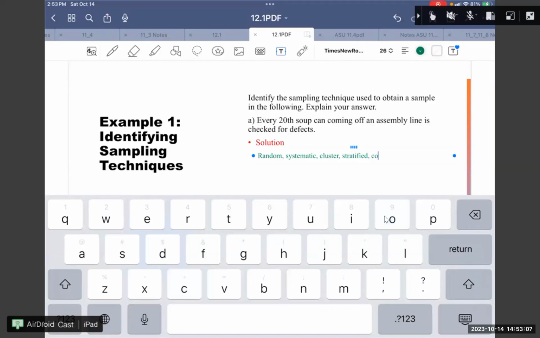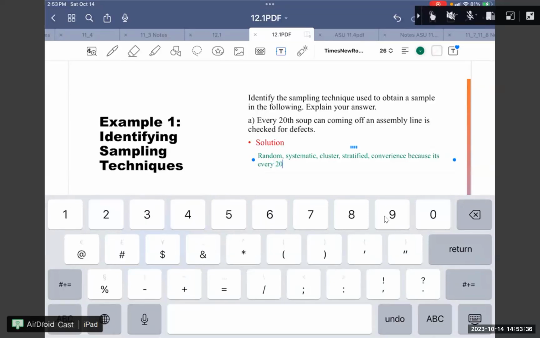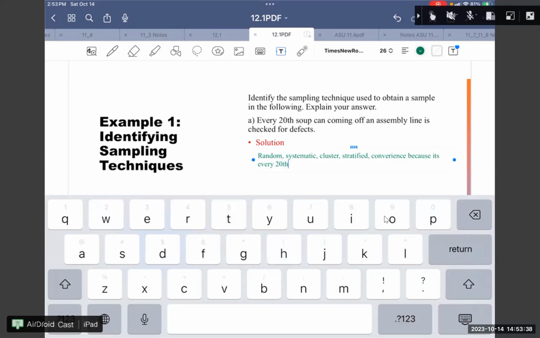Conversion, because it is every 20 cans.